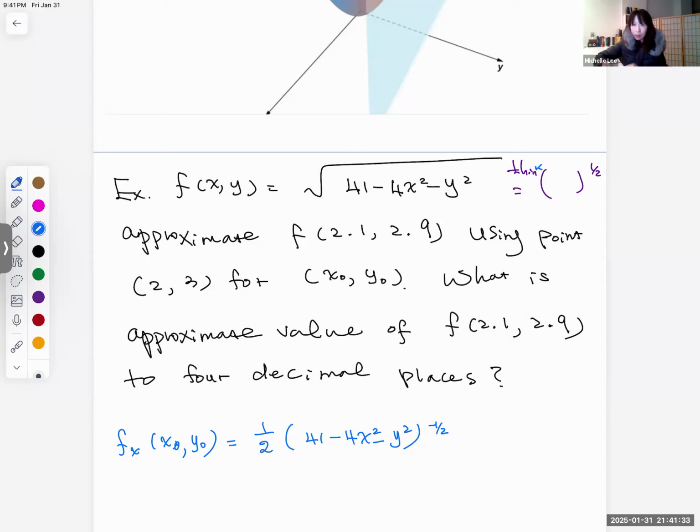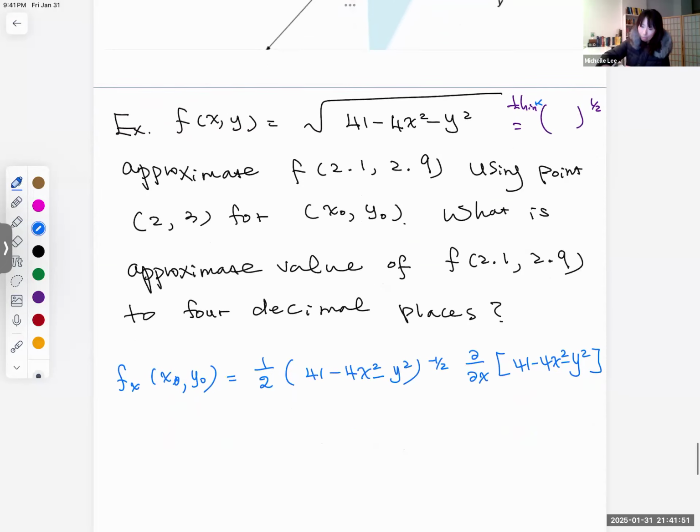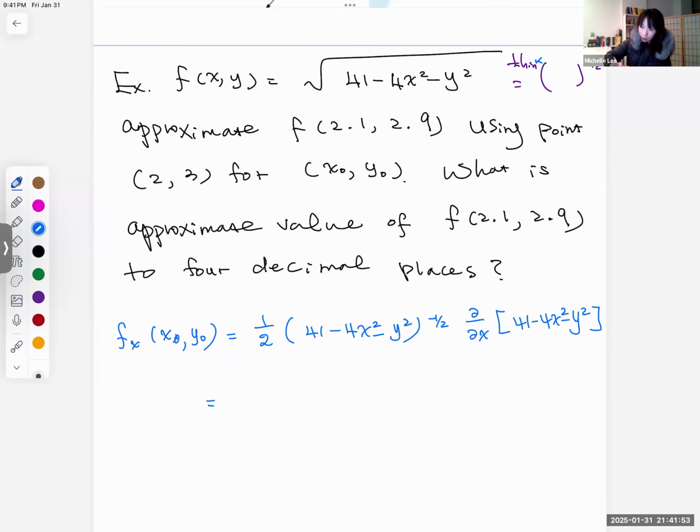Okay, now we need the chain rule, so the partial derivative with respect to x of 41 minus 4x squared minus y squared. Okay, so we have 41 minus 4x squared minus y squared to the 1/2 power in the denominator.